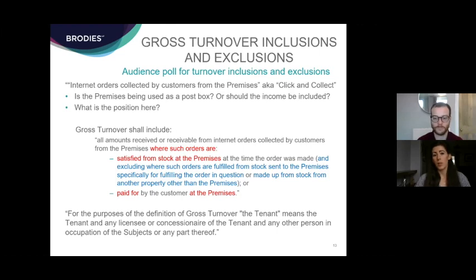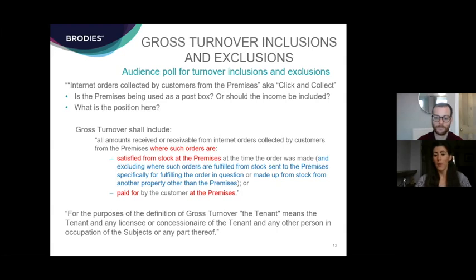And the tenant will argue that the customers have had no interaction with that store for the purchase, and so the items should not be included. And to flag, there is no right or wrong answer on this, and the outcome will depend on the preference of both the parties. But if we are looking for a midpoint, we can perhaps boil this down to, if the order is satisfied from stock at the premise, as you can see in red there on the slide, it would count in the gross turnover.